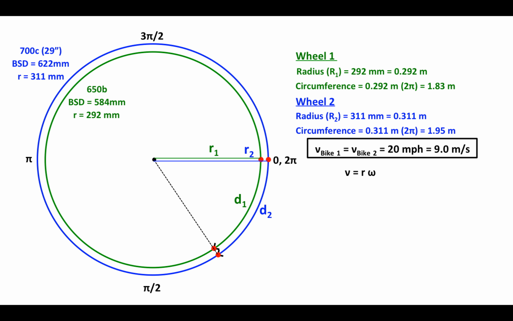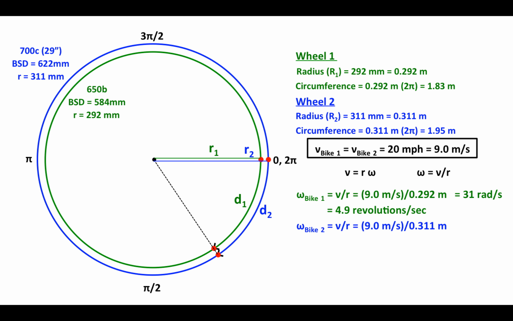If velocity equals radius times omega, then omega equals velocity divided by radius. The rotational velocity of the wheels on bike 1 is equal to 9.0 meters per second divided by 0.292 meters. That's 31 radians per second, which is 4.9 revolutions per second.